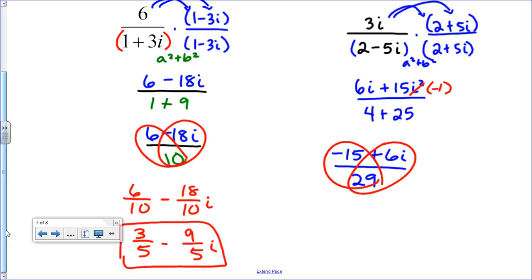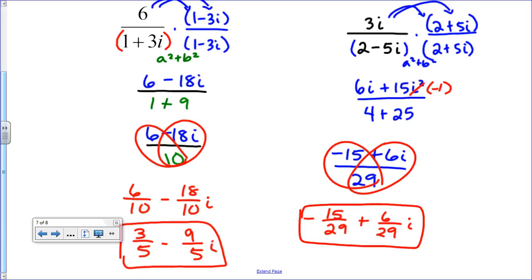So that's why sometimes it's helpful to wait till the end to reduce. Because now neither one of these reduce. Questions about those?